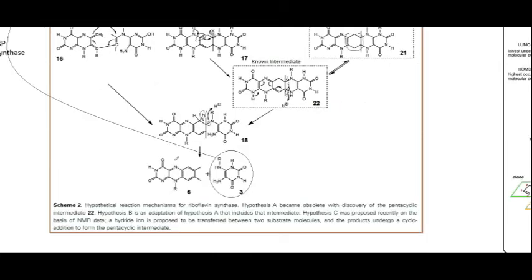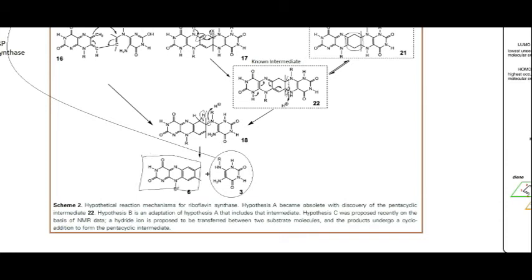The electrons move down to generate the aromatic ring here. These electrons break off and move up here, so we are breaking this bond here and this bond here. So we end up with this single ring structure and this triple ring structure, and this right here is riboflavin.